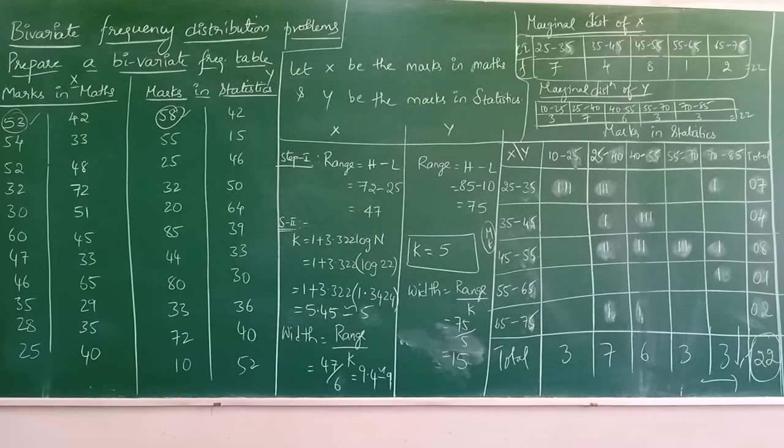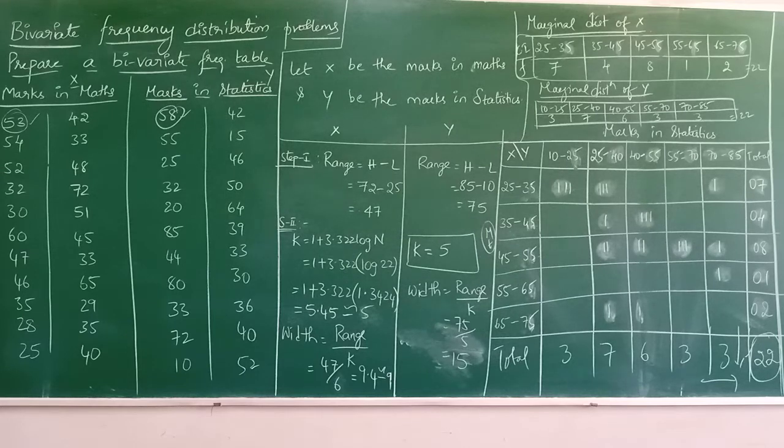Look, all the widths are the same for both y and x variables. The number of classes should be between 4 and 15.